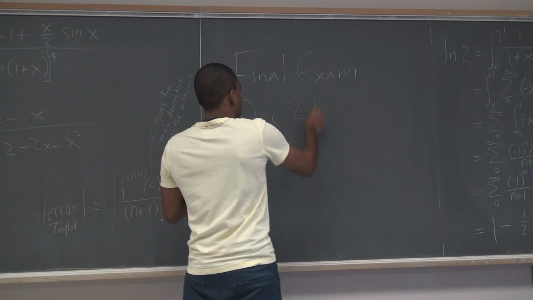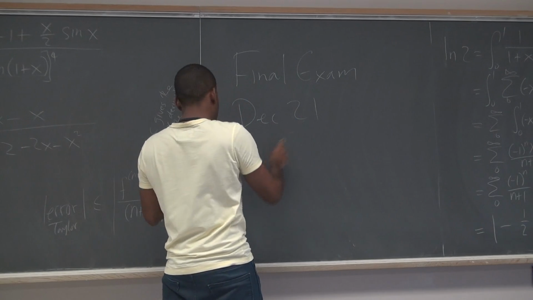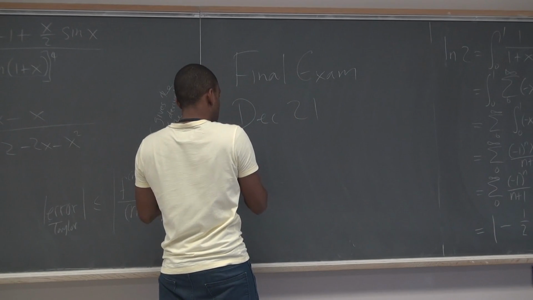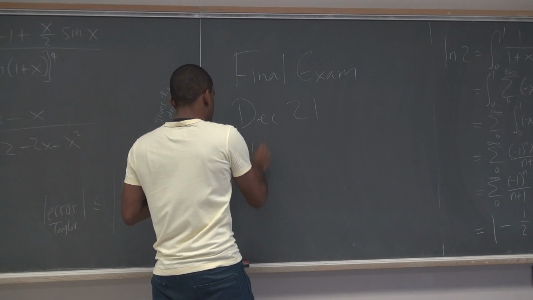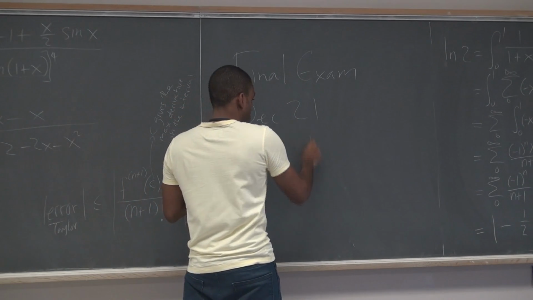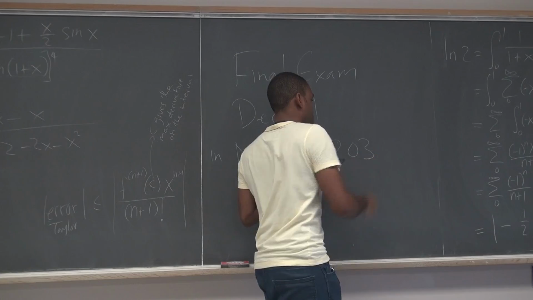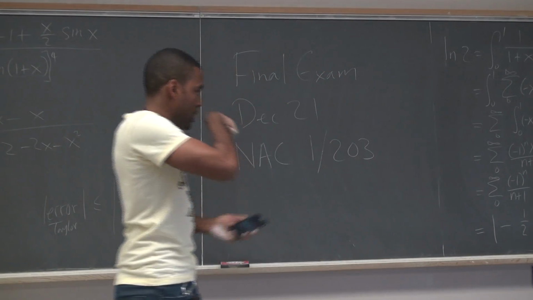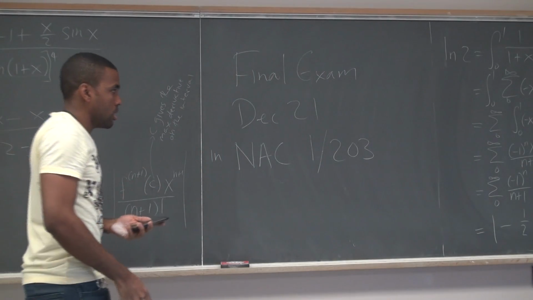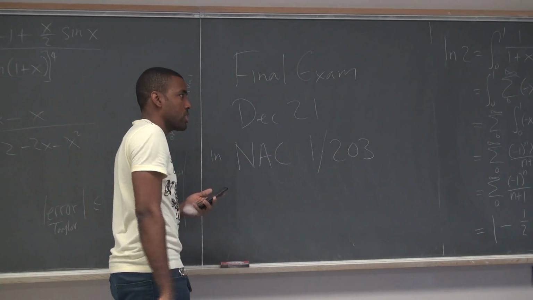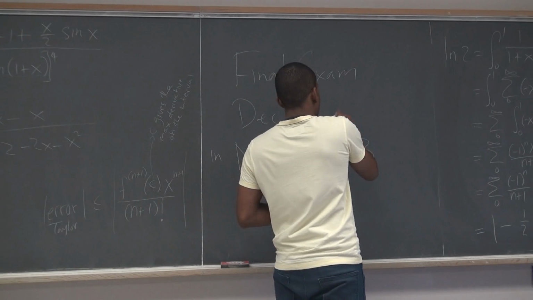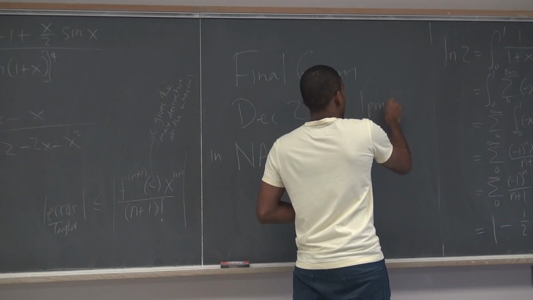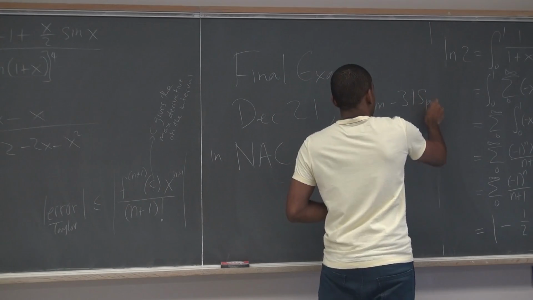So it's December 21, which is 9 plus 10. In NAC 1203. So it's on the first floor. When you come through the entrance, you go to your left, it's one of those rooms way down on the left. Make sure you know how to find it before the day of the final. December 21 from 1 p.m. to 3:15.